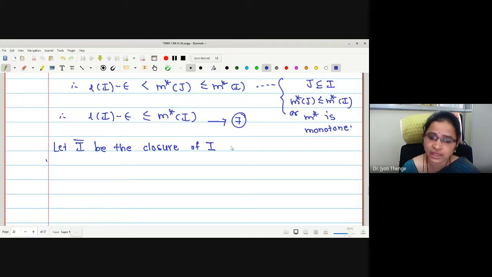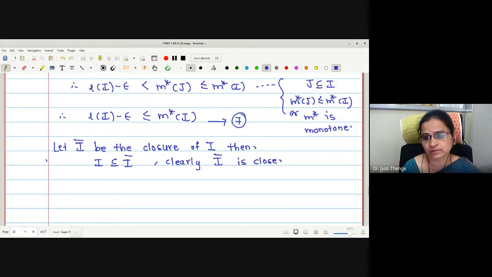Closure of I, then what we know, I is always contained in its closure, and clearly I bar is a closed set, because we have taken I to be an open interval. Therefore, its closure must be a closed set.